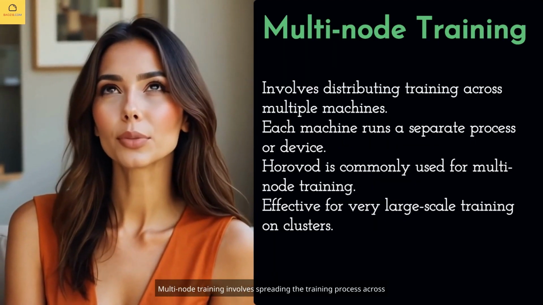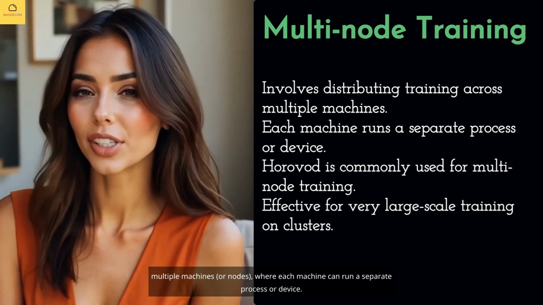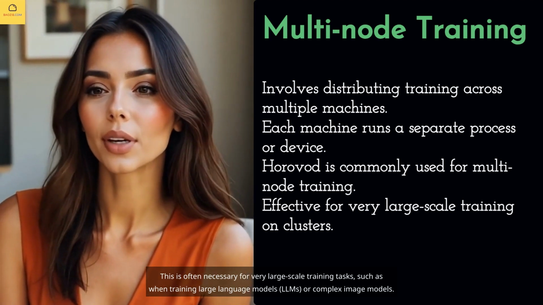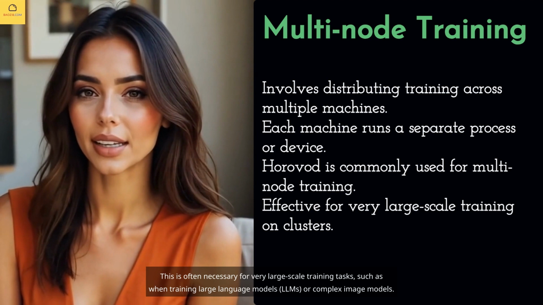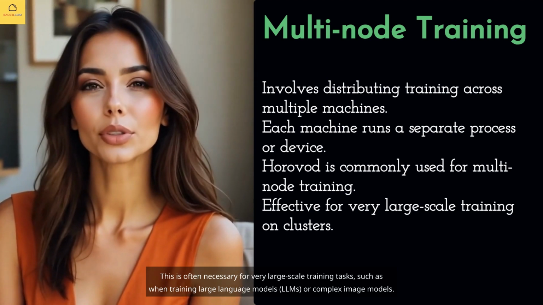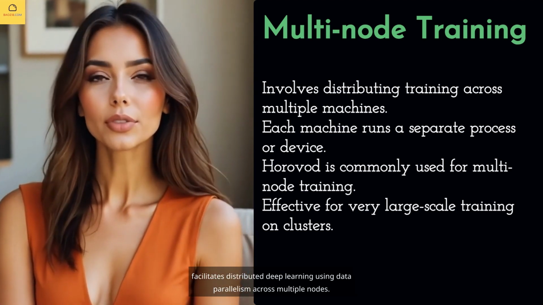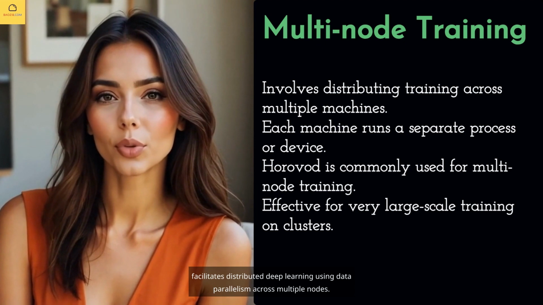Multi-node training involves spreading the training process across multiple machines, or nodes, where each machine can run a separate process or device. This is often necessary for very large-scale training tasks, such as when training large language models, LLMs, or complex image models. A popular framework for multi-node training is Horovod, which facilitates distributed deep learning using data parallelism across multiple nodes.